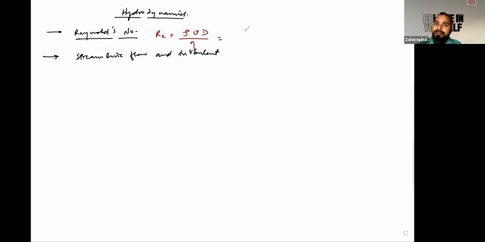It may be written in terms of rate of flow of liquid: 4 times rho into Q divided by pi d eta, where Q is called rate of flow of liquid. It may also be expressed as inertial force by viscous force.